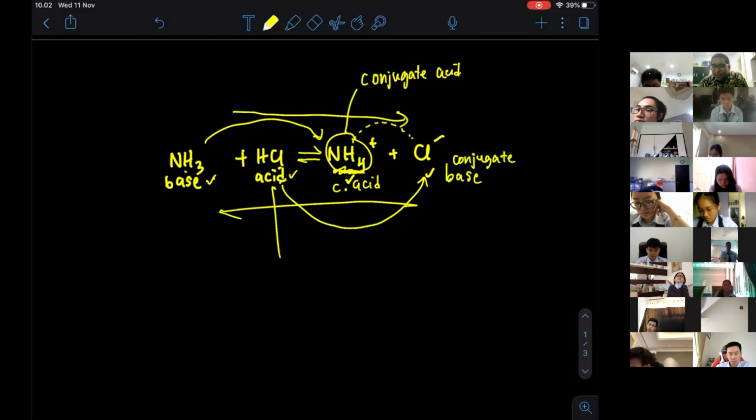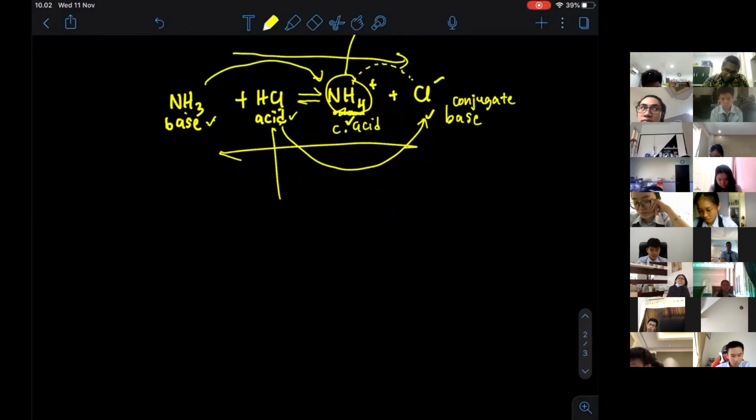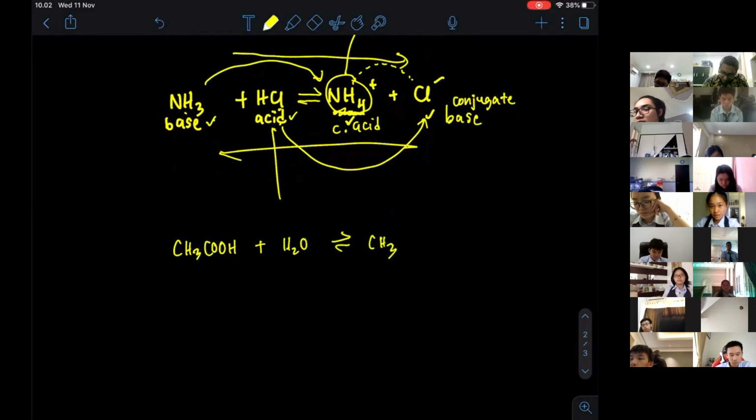Is that clear? Let's say, for example, if I rewrite this: CH3COOH plus H2O gives CH3COO minus plus H3O plus. Which one is the acid over here, Lindsay? Water or ethanoic acid?